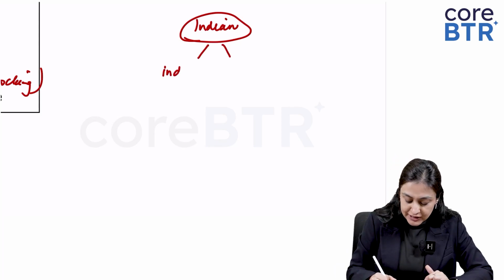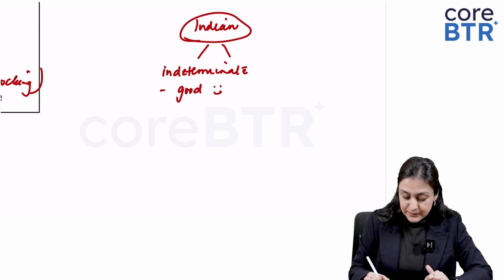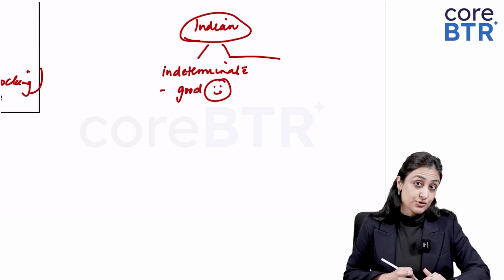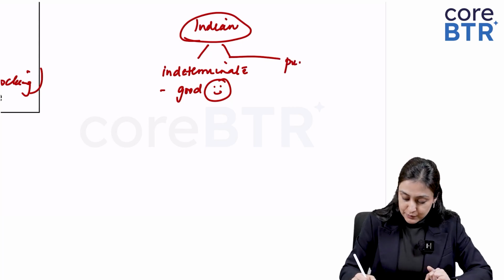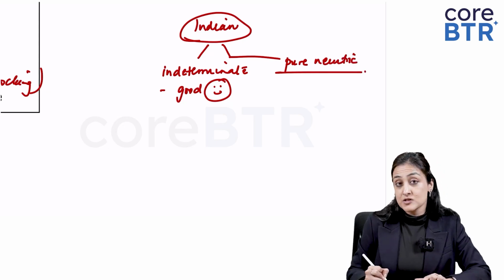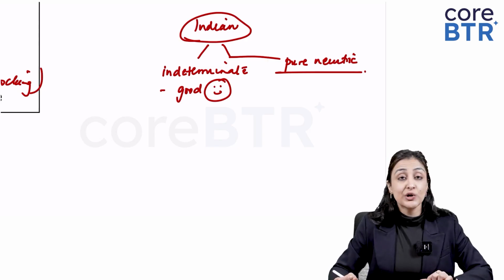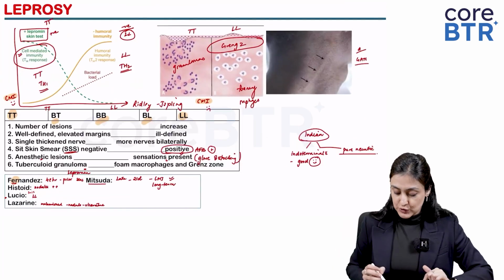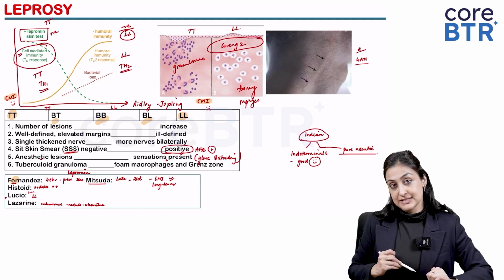One is the indeterminate type. The indeterminate type, they say, has good prognosis, and it can show spontaneous resolution also. And the other type is the pure neuritic type. Because this only affects the nerves, this is where we would want to do a biopsy from the nerves. So this is according to the Indian classification.